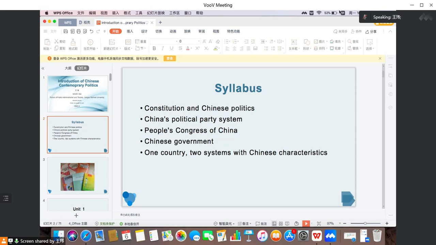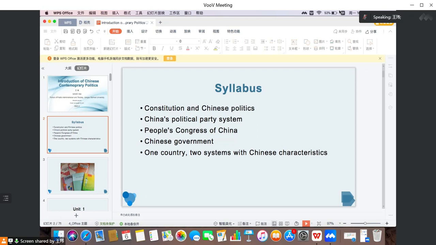The diplomatic power belongs to the central government. So if Hong Kong or Macau want to deal with their own affairs, they have to tell the central government.